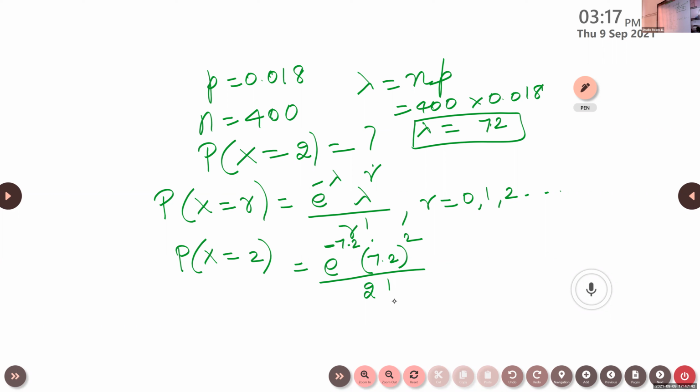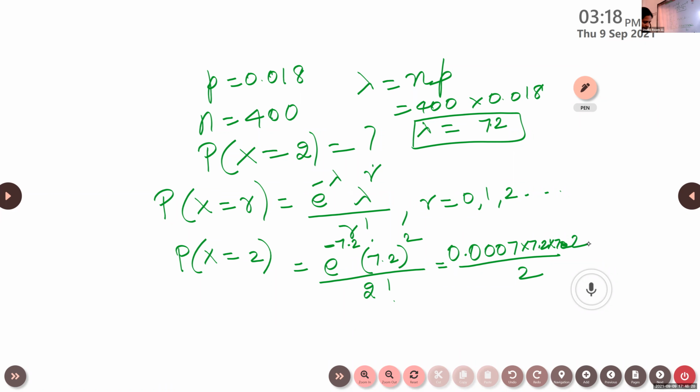Now what is e raised to minus 7.2? Apply the value from the table. E raised to minus 7.2 is 0.0007, isn't it? 0.0007 into 7.2 into 7.2 by 2 factorial. 2 factorial means it is 2. 7.2 into 7.2 by 2.